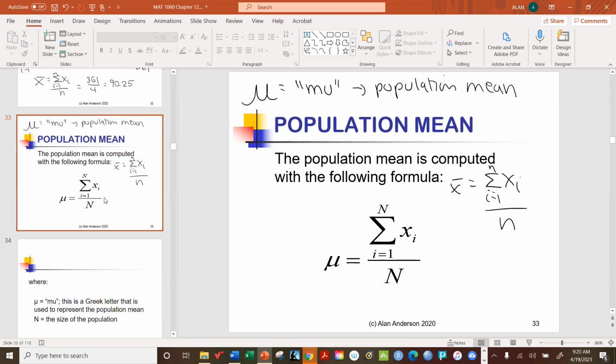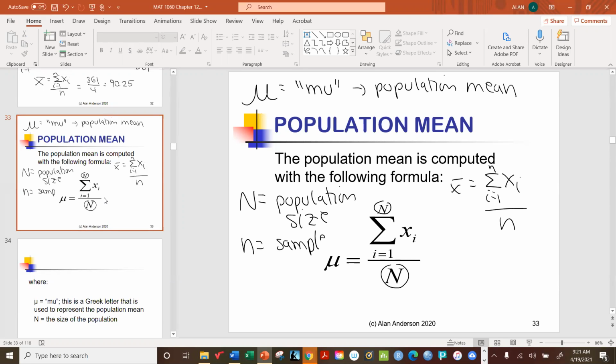And then the other change is here. Capital N will be used from now on to represent the size of the population, as opposed to lowercase n, the sample size.